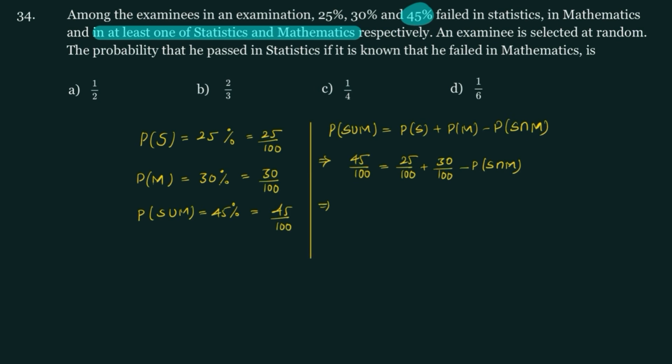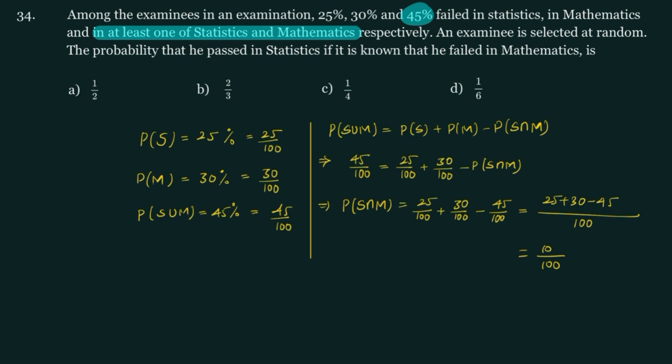So this implies P of S intersection M equals 25 by 100 plus 30 by 100 minus 45 by 100. So it will be equal to 25 plus 30 minus 45, and this will be equal to 10 by 100. So the probability that a student has failed in both the subjects is 10 by 100.